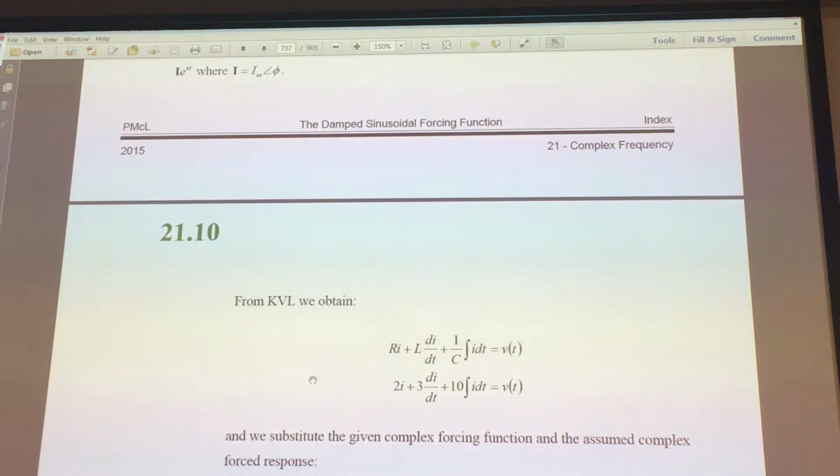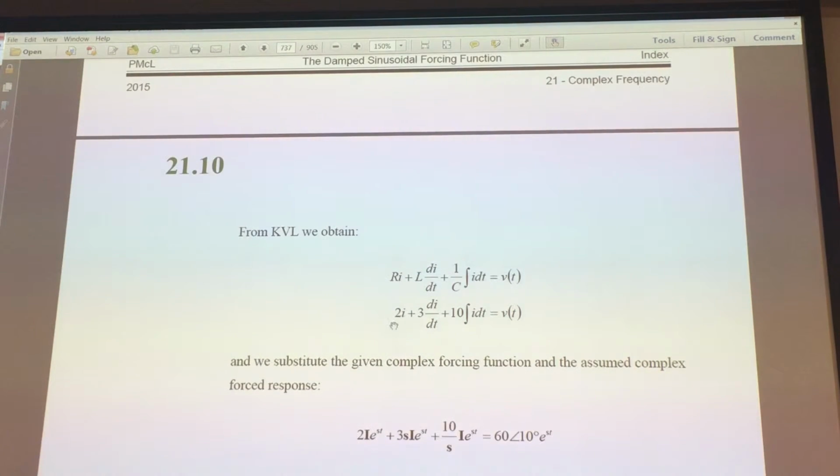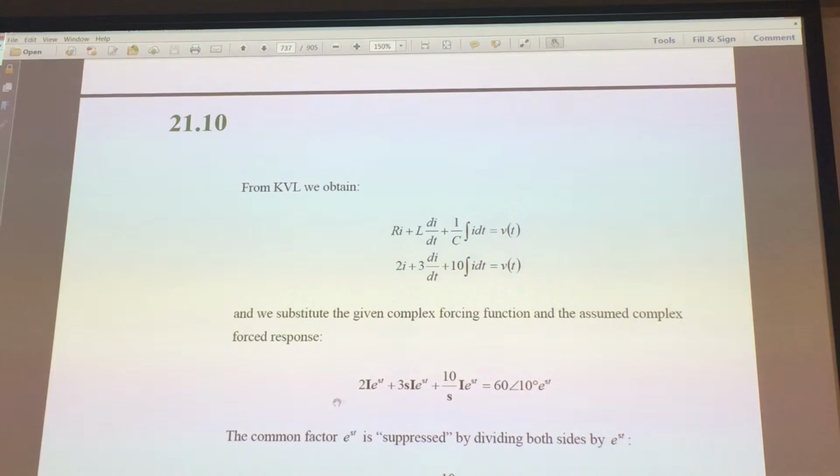So then we write KVL around the loop. Just adding voltages across all three components equals the forcing voltage. Substitute a complex forcing function, and assuming a complex forced response, we can express this equation like this. Okay.